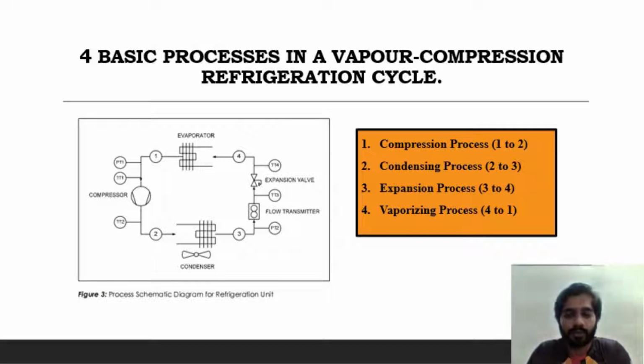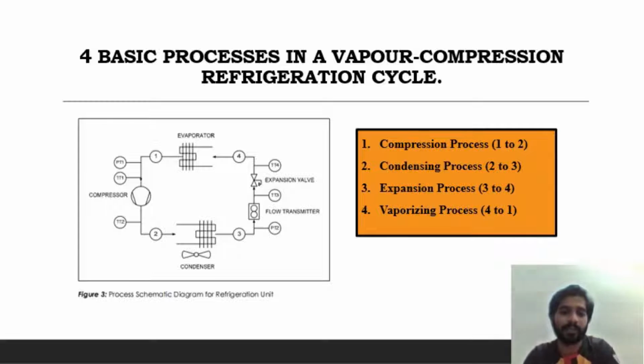Based on the previous section, we have talked about the refrigeration unit. It involves four basic processes in a vapor compression refrigeration cycle. Based on this schematic diagram, we can see there are five components. The first is the compressor, where the refrigerant experiences the compression process.